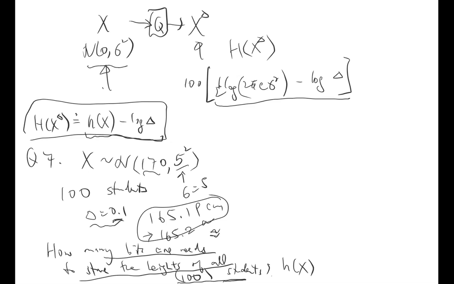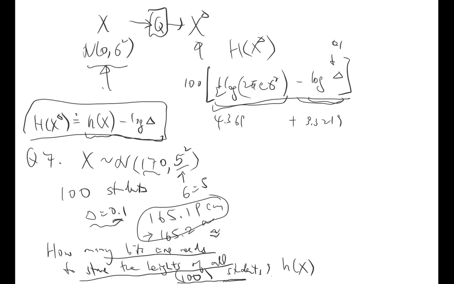And log delta here, this is 0.1 here, so minus log delta is like 3.32, or 3.3219. And this one here, if I compute correctly, is 4.369.